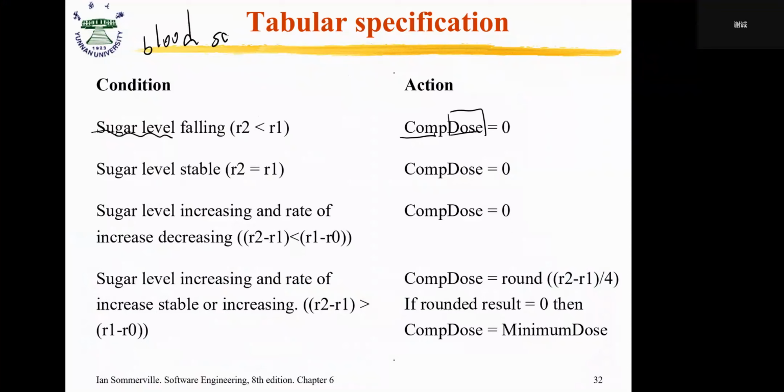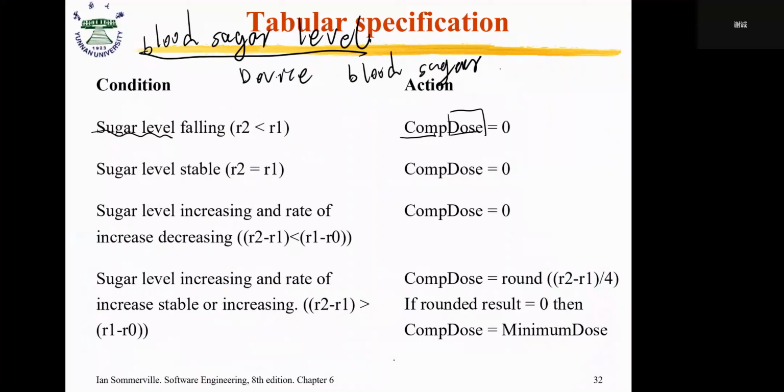This device is called a blood sugar pump. What it can do is very difficult to describe using natural language.